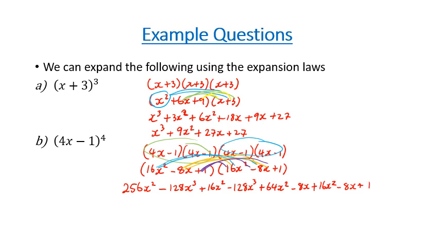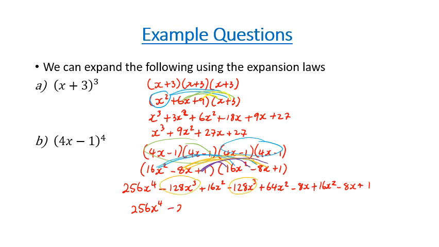Now I can collect some like terms. Oops, this is actually meant to be to the power of 4. Hopefully somebody picked that up while they were watching. So we end up with 256x to the power of 4 here. Then we've got here and here some like terms.